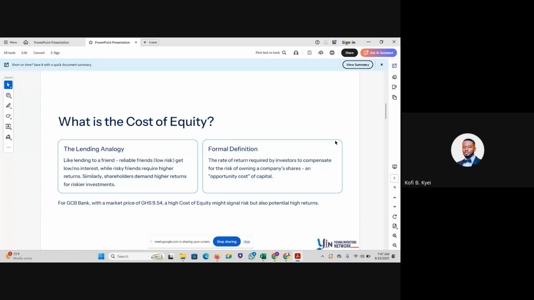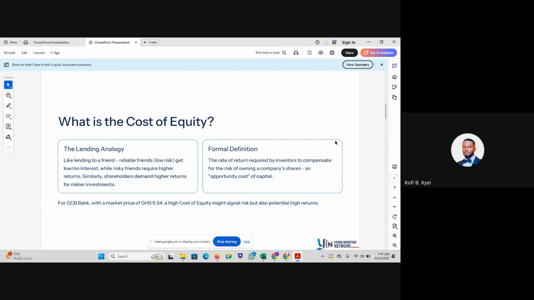In the same way, investing in treasury bills is low risk because it's government, so there are very low returns. Because investing in stocks involves a lot of risk, there's an expectation of high returns. Shareholders demand higher returns from riskier investments.